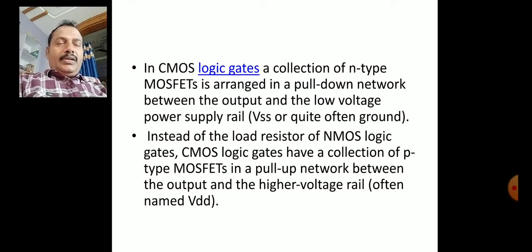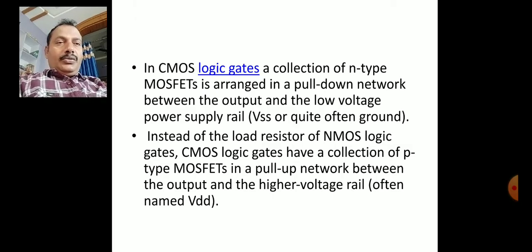Instead of the load resistor of NMOS logic gates, CMOS logic gates have a collection of P-type MOSFETs in a pull-up network between the output and the higher voltage rail, named VDD.